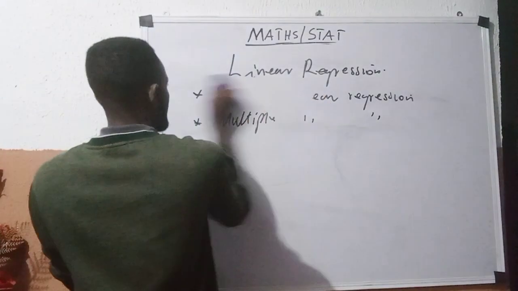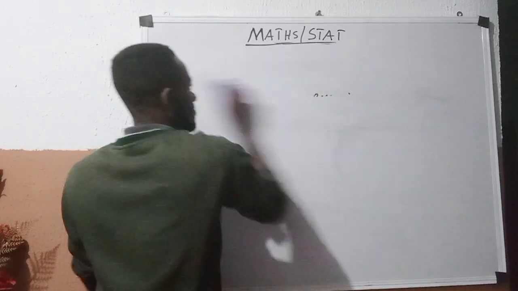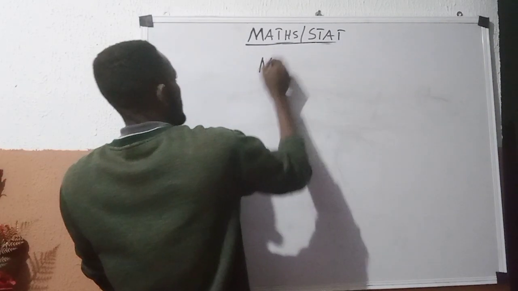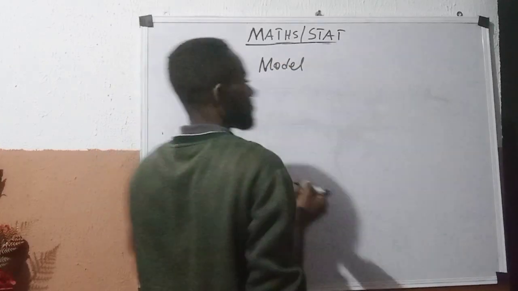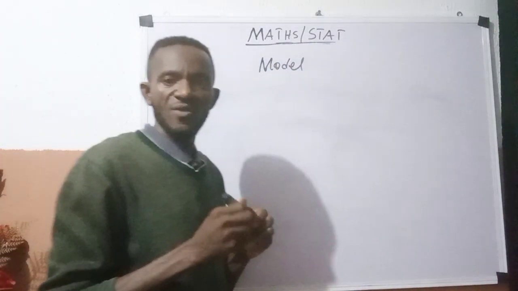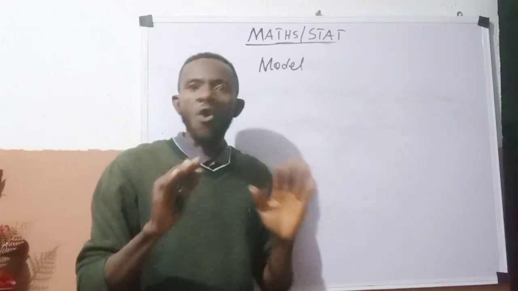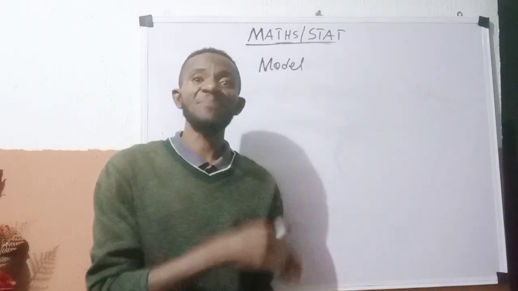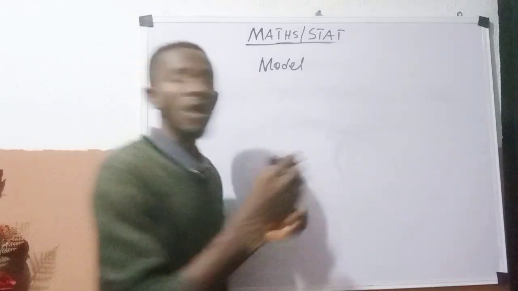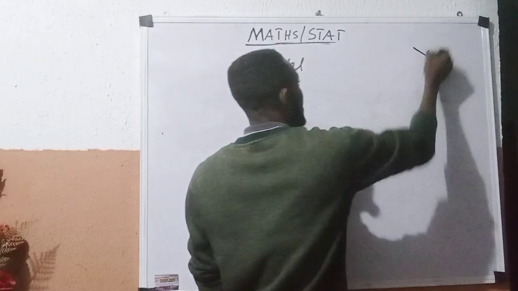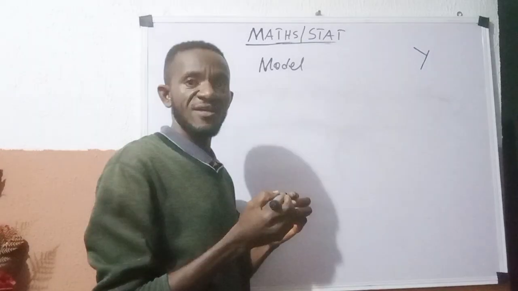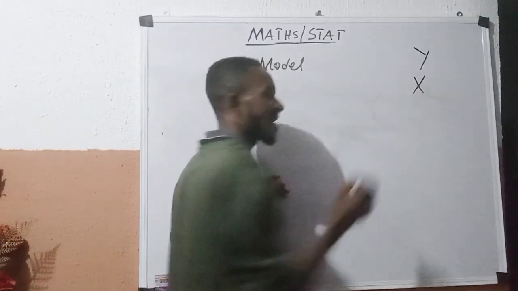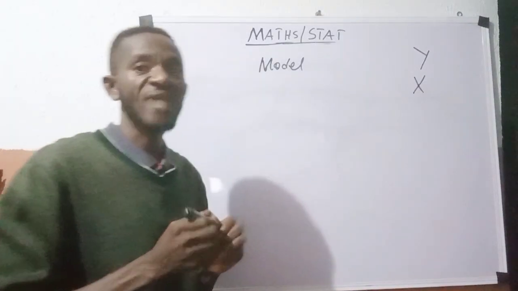Unless otherwise stated, or most of the time, the dependent variable is always represented with a capital letter Y, and the independent variable represented with a capital letter X, unless otherwise stated.